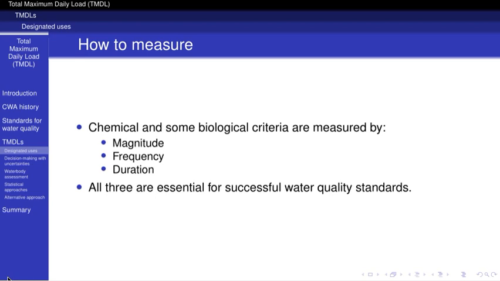Frequency should be expressed in terms of the number of allowed confidence limit exceedances in a specified period. Duration should be how long the criterion exceeds the confidence limit. Establishing these three dimensions of the criterion is crucial for successfully developing water quality standards and subsequent TMDLs if justified.